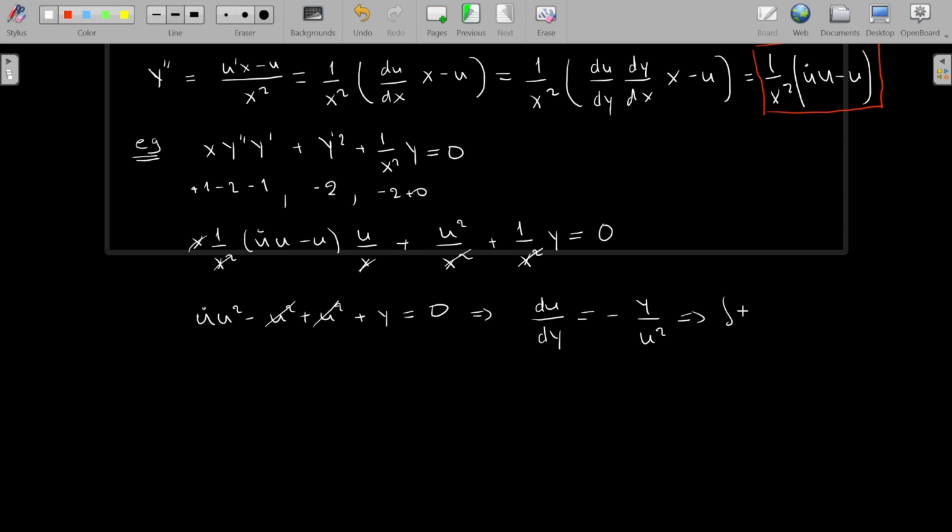or u squared du plus y dy is equal to 0, and we'll get an implicit form of solution. It's going to be u cubed over 3 plus y squared over 2 is equal to a constant as a solution.